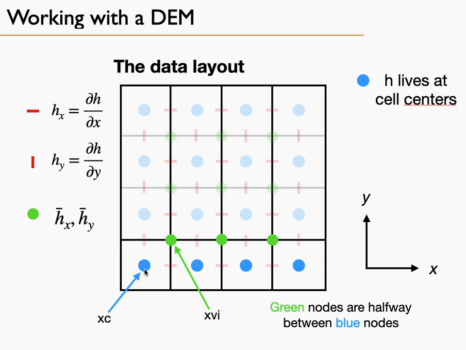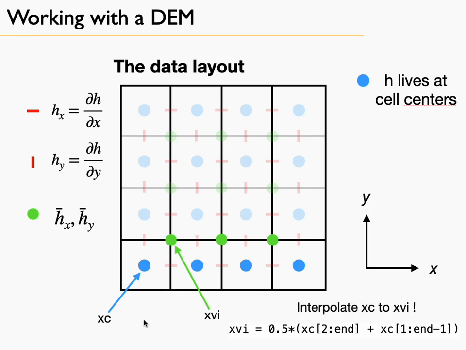Remember, we have for the coordinates the xc array. So the xc array has ncx nodes in the x direction. It's a 1D array. And the green dots are always located halfway between the blue nodes. So they're always in the middle. So in fact, these nodes, which we will call xvi, can be defined by the interpolation of xc to xvi.